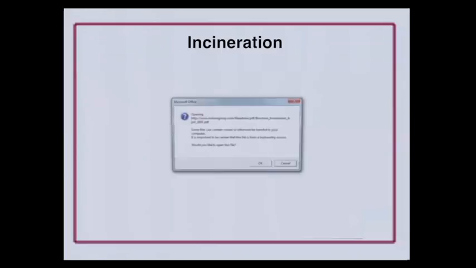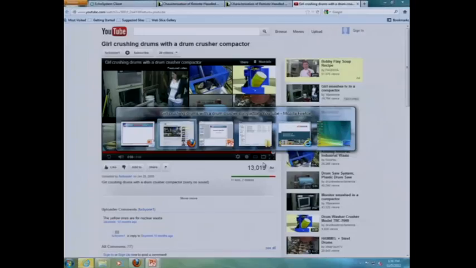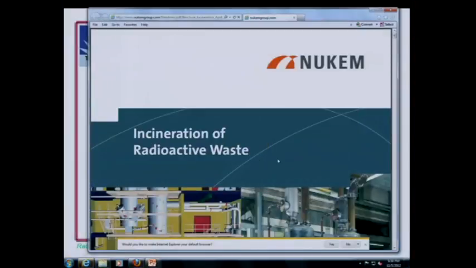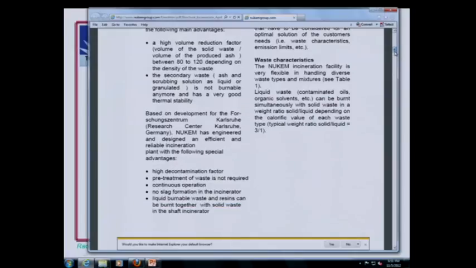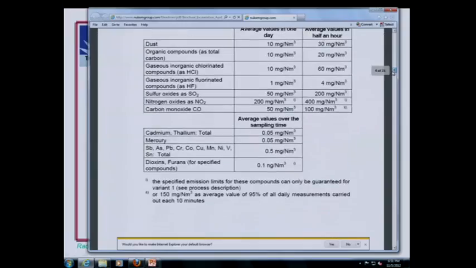This is a document, if I'm not mistaken. And, right, there it is. This is by a company called Nukem. I believe it's a German company, but they do business in the United States. I'm not going to go over this, but it has a pretty good explanation of the incineration and the process that they use.